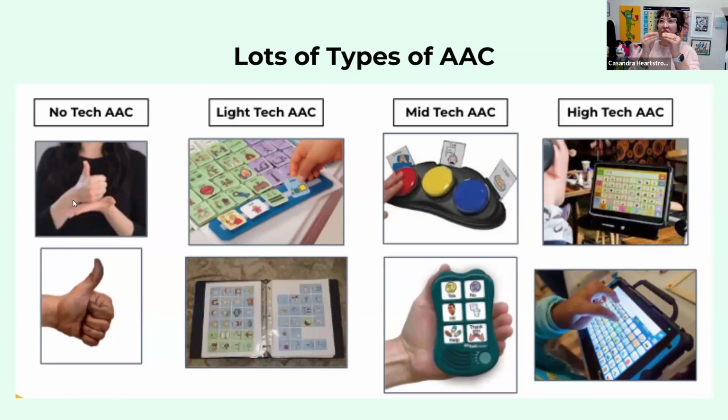But when we're using just a few signs, no tech AAC can be very, very wonderful because you don't need anything but your hands and you can get some of your needs met right away. So we don't want to throw that out, but we also want to give more. Light Tech AAC is wonderful for when you're on the go. You're going to the pool, you're going on a roller coaster, you're playing in the sand.